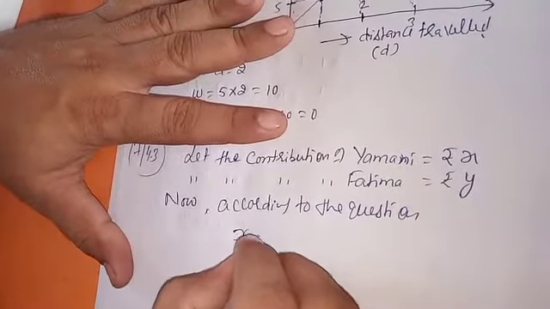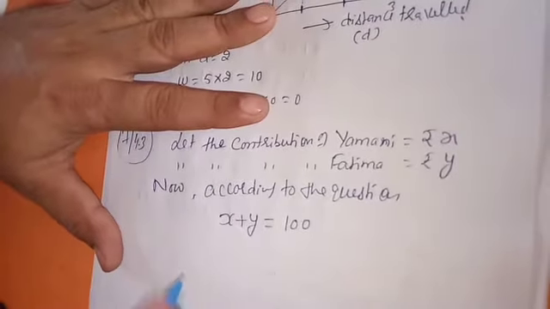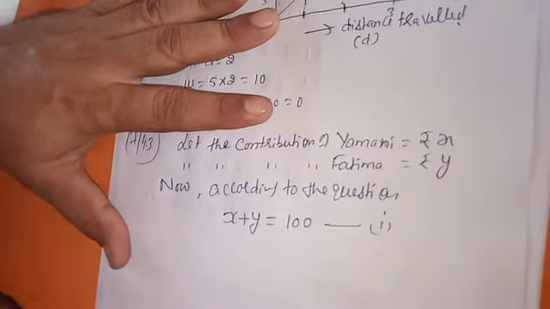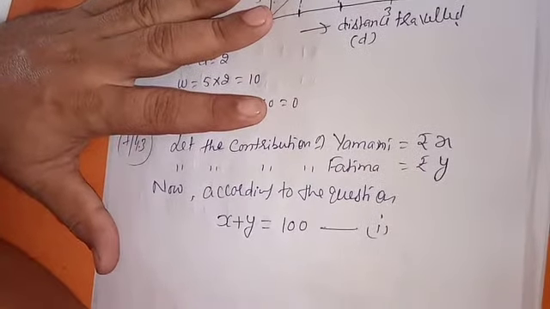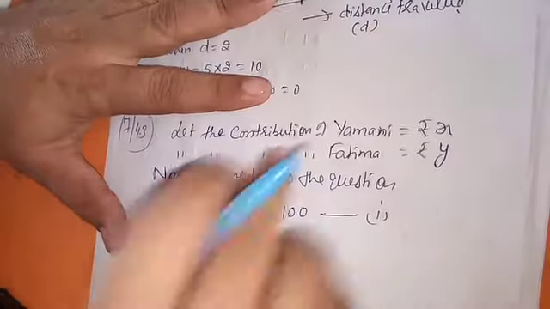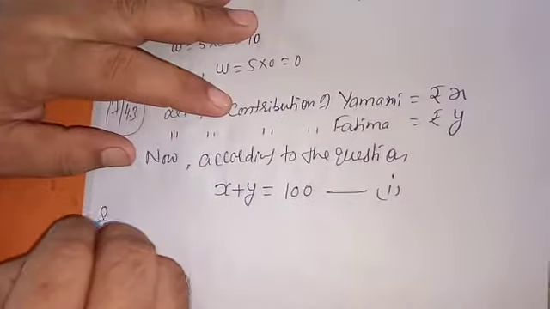So x plus y is equal to 100. This is a linear equation in 2 variables. Understood? You can write this as a linear equation in 1 variable also, but here it is given to write it in 2 variables.